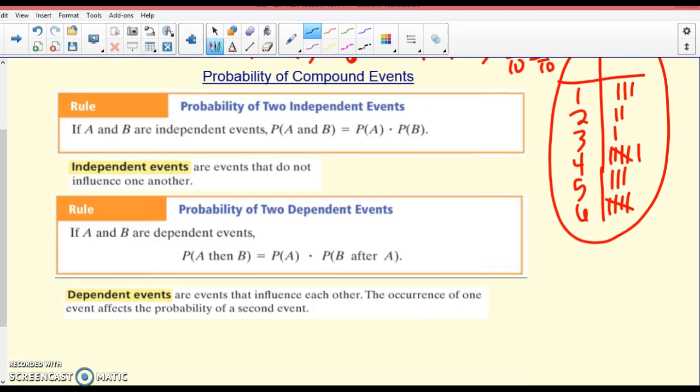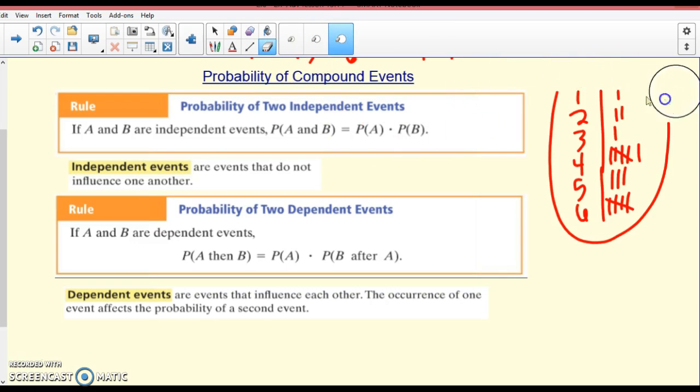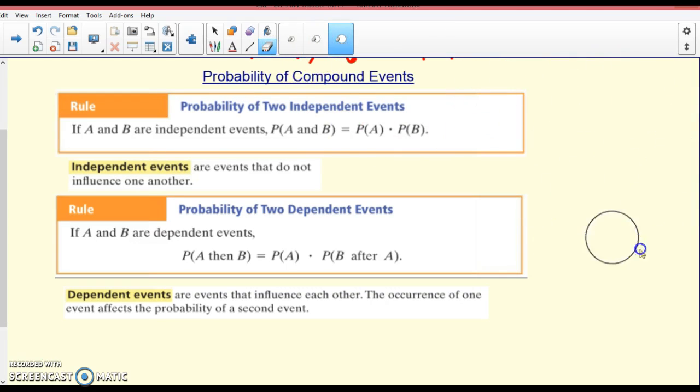This is in your notes. Probability of compound events. What this says is this: if we've got two events taking place, and I'm going to give you an example, flipping a coin and rolling a dice.